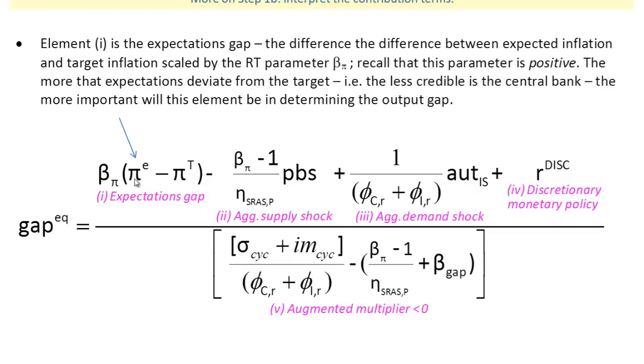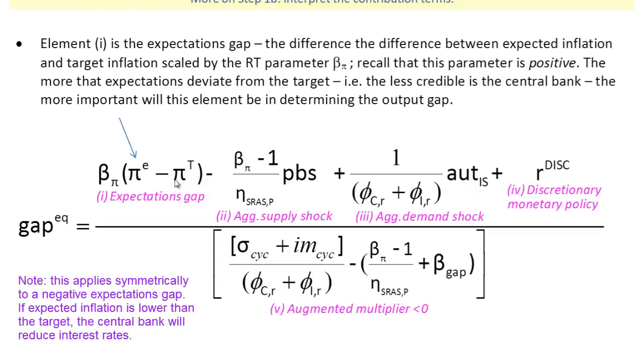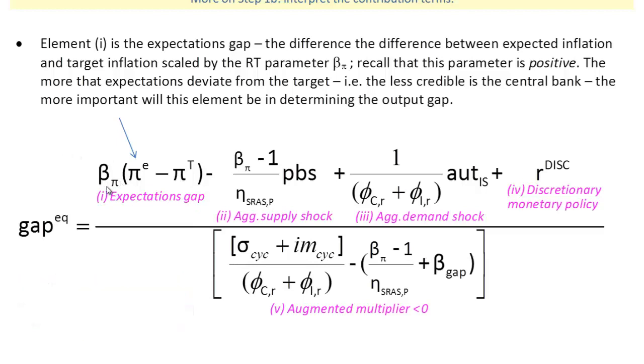But if expectations are higher than the target, that means that the central bank lacks credibility. And if the central bank lacks credibility, it has to respond by raising interest rates to show that, yes, they are a serious central bank and they do want to bring down the inflation rate. You'll notice here that this is positive. The beta pi, we already said that.